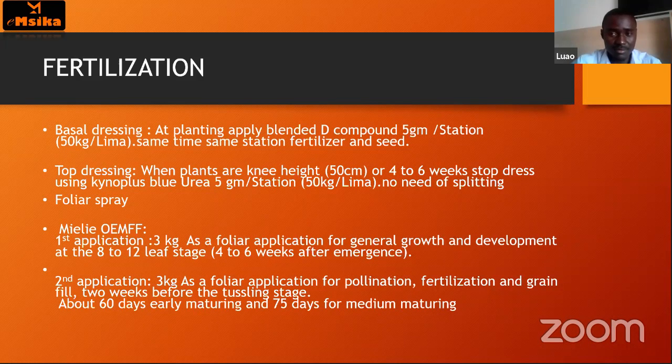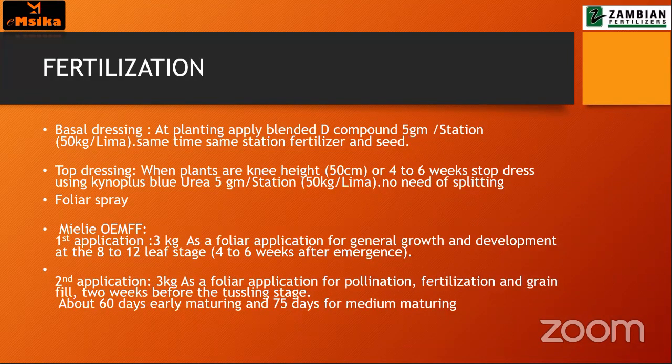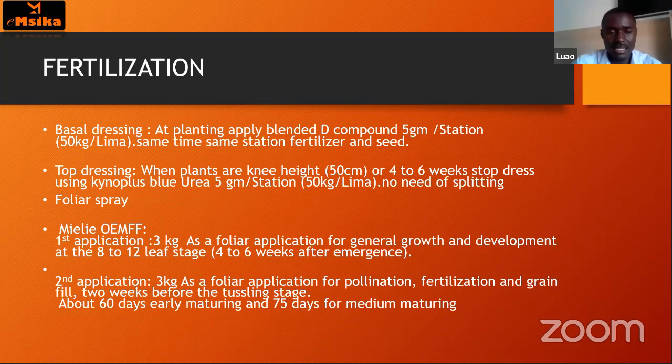Maize has got a booster, and I know most of you, this is the first time you're hearing about the maize booster. So for you to have a uniform harvest and to have a good, healthy plant, which will withstand some drought and stand with bad growing conditions, you need to apply the foliar fertilizers.